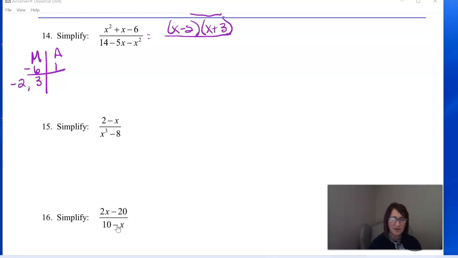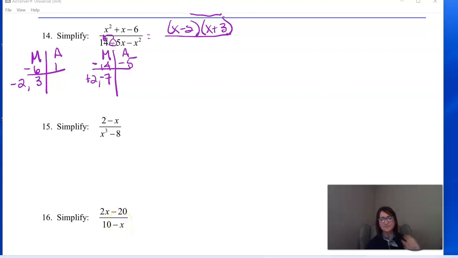I'm thinking negative 2, positive 2, negative 7. So it's actually this negative goes with that 14. It's a negative 14 and a negative 5.